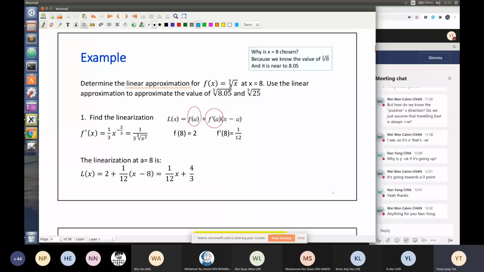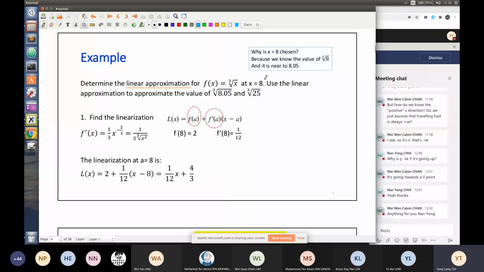This demonstrates the case where it's easy to evaluate the function value at some point, a equals 8, but not so easy at nearby values, for example 8.05. We also want to use this linear approximation to estimate the cube root of 25, using x equals 8 as our expansion point.